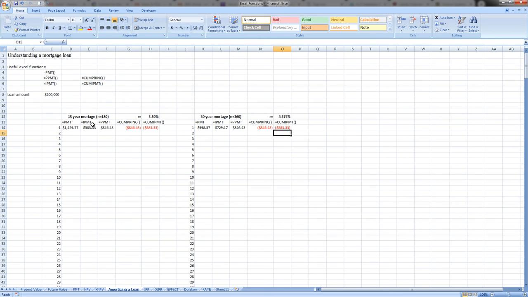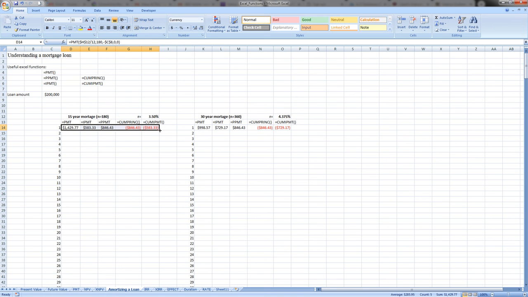One last error I noticed in these functions, we didn't lock in the loan amount. Alright. Those all look correct. You see that our value is equivalent here. Change that to O. There we go.